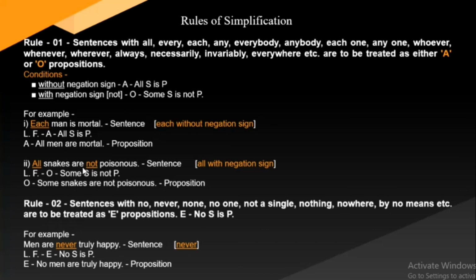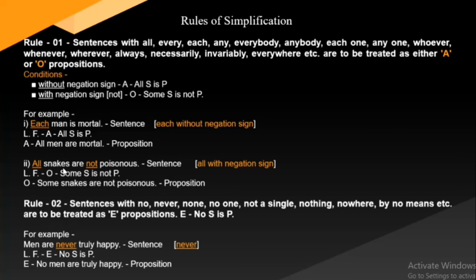So, all snakes are not poisonous: all with negation sign. A sentence with a word of rule 1 and with negation sign is to be treated as an O proposition. So we have to transform it into an O proposition, and its form will be some S is not P. So some snakes are not poisonous.